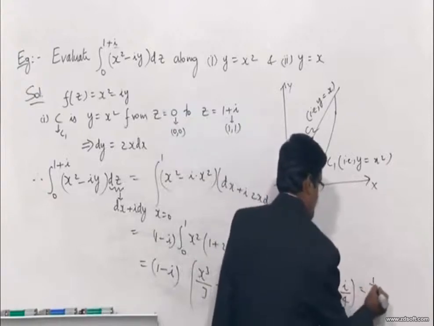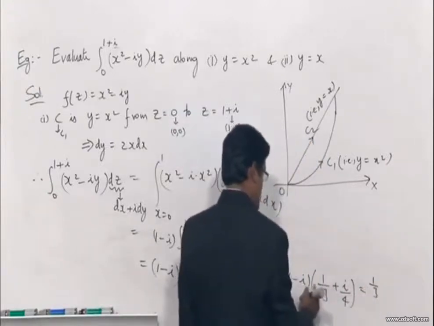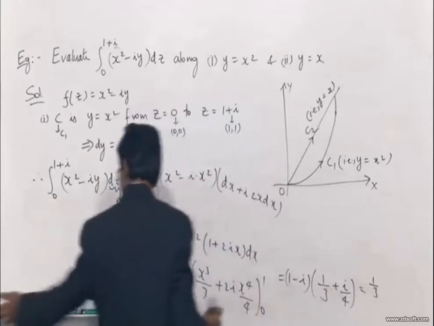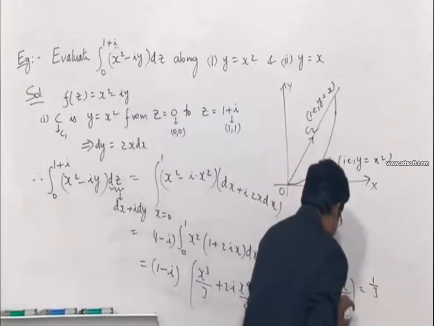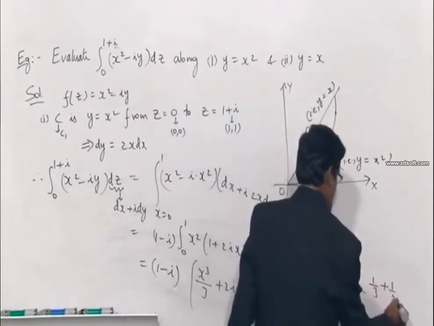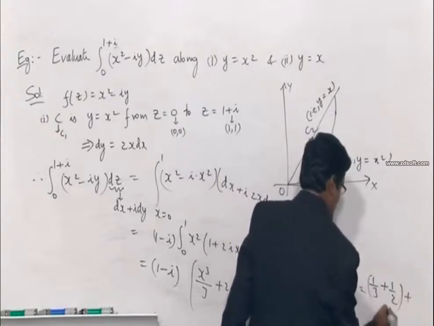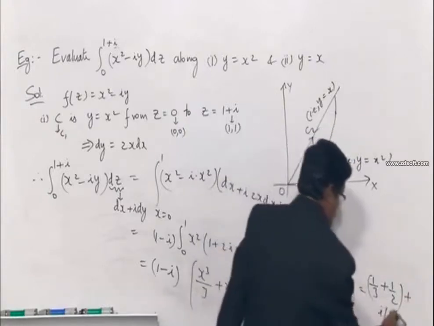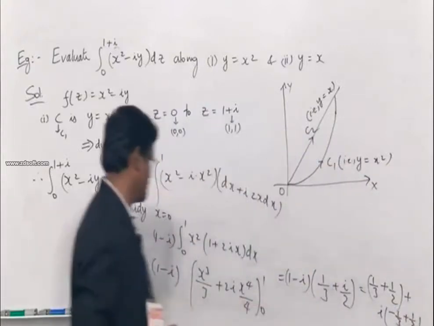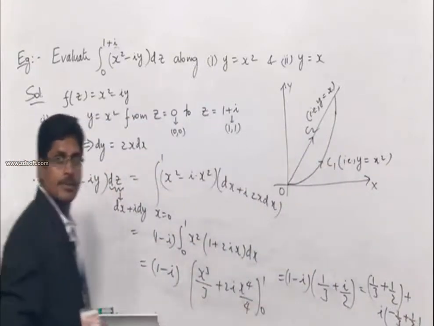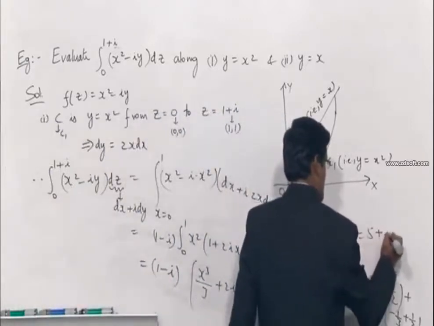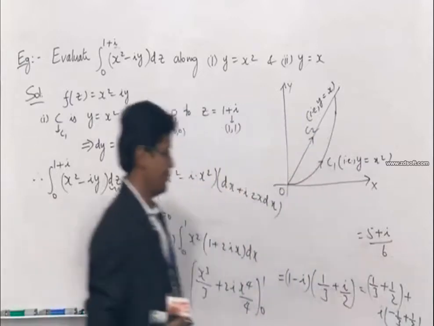So 1 into 1 by 3, and this is 2 over 4 meaning i over 2, this term, and minus i plus 1 over 2, plus i times minus 1 over 3 plus 1 over 2 after taking i common. So this simplifies to 5 plus i by 6, final answer.